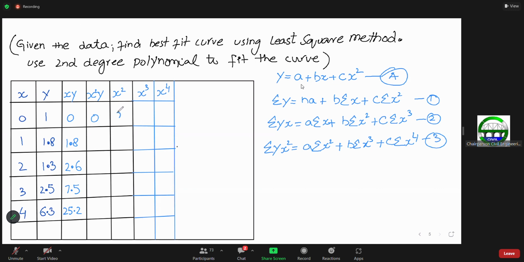X squared, this one is 0, this one is 1, this one is equal to 4, 9, 16.